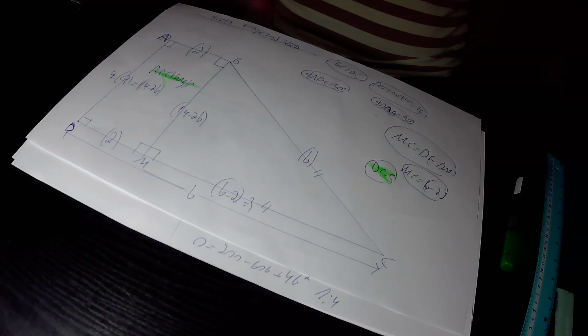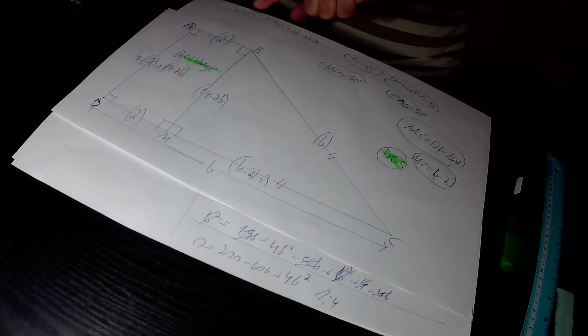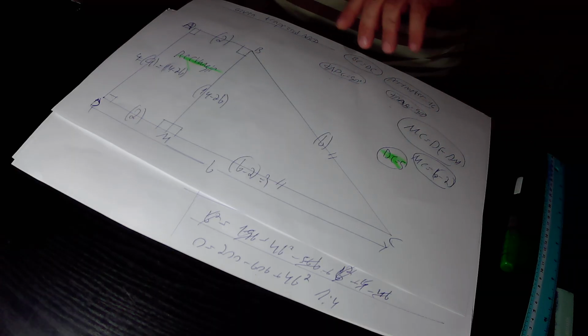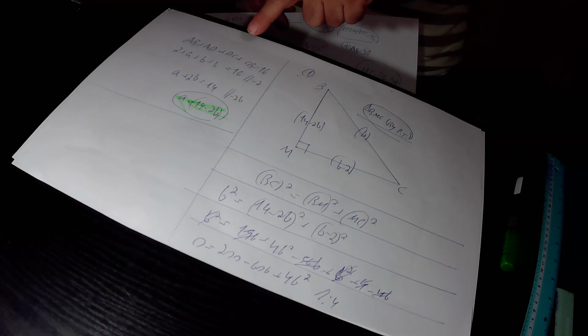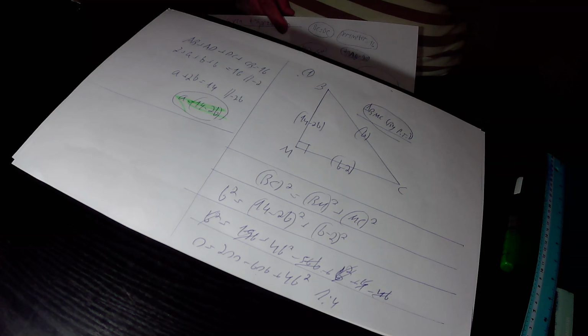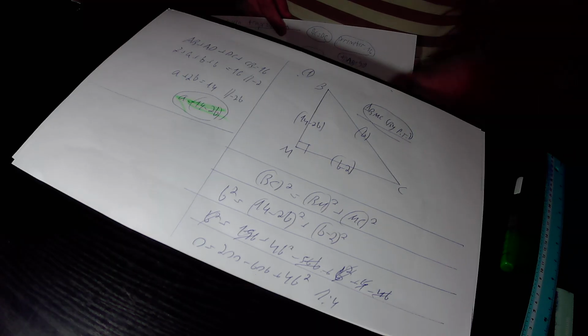So AB is 2, AD is A, DC is B, and CB is also B, and in total this is equal to 16, the perimeter of our trapezoid.